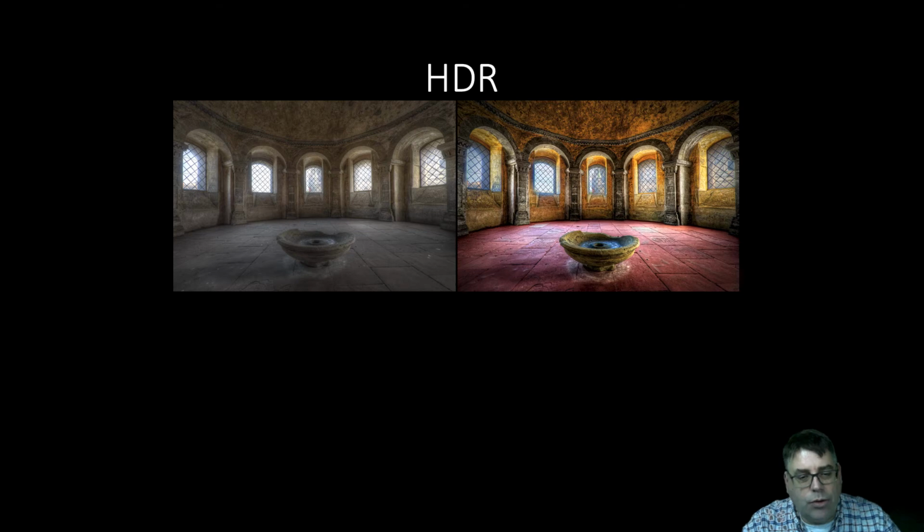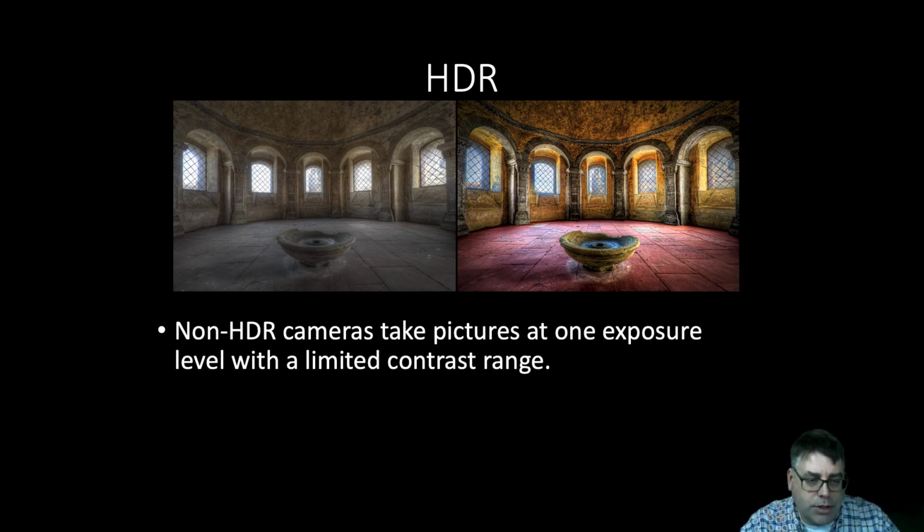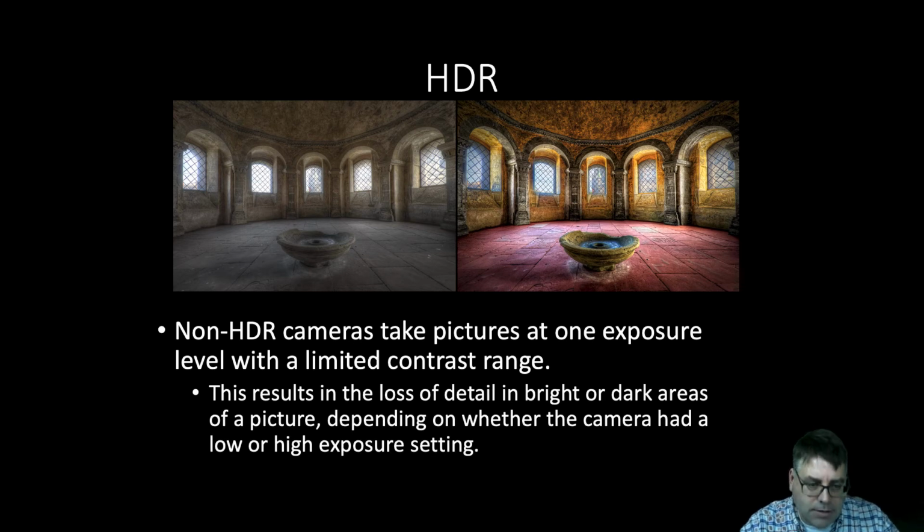Not that you want to do this to all images, but it can really enhance some of them. So non-HDR pictures take all the picture in one exposure with limited contrast range. The result is loss of detail in bright and dark areas of the picture, depending on whether the camera had a high or low ISO or high or low exposure setting.